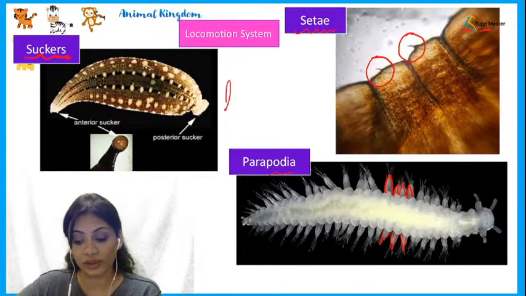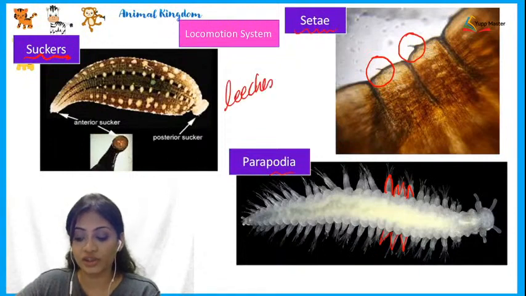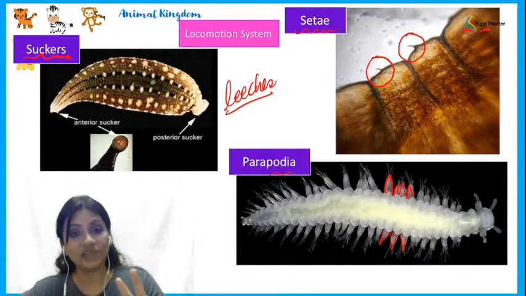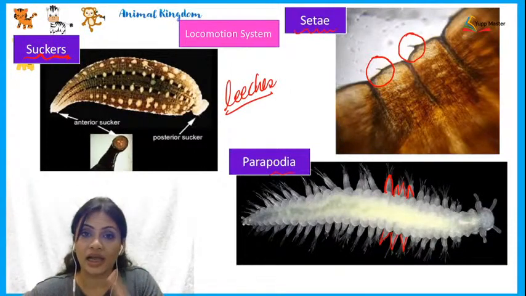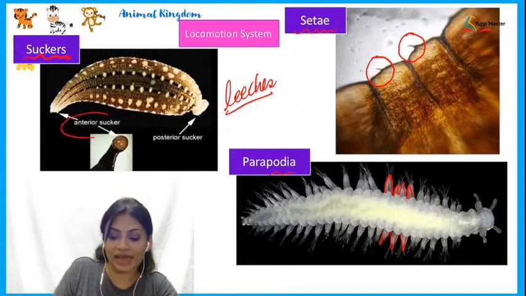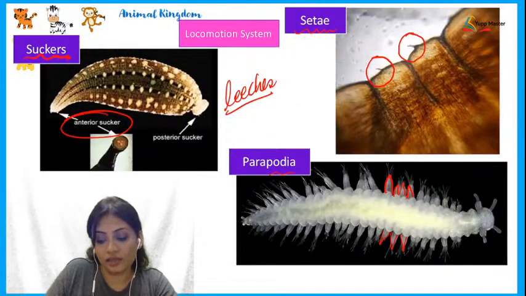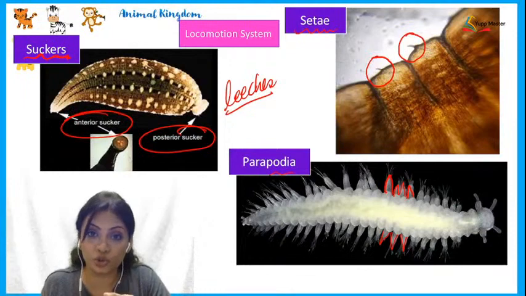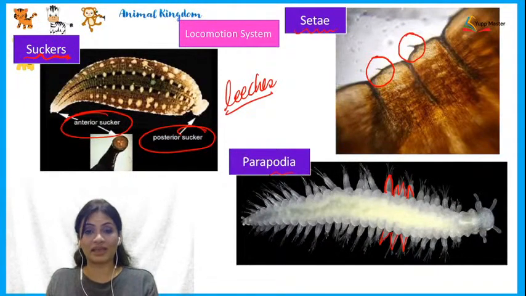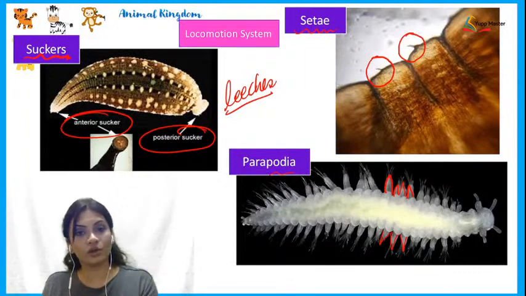Remember I told you about leeches. Okay, so leeches actually have two suckers, and each sucker is present at the different ends of that animal. So can you see how there is an anterior sucker and there is a posterior sucker present too? It is these suckers which that animal is going to be making use of in order for locomotion.